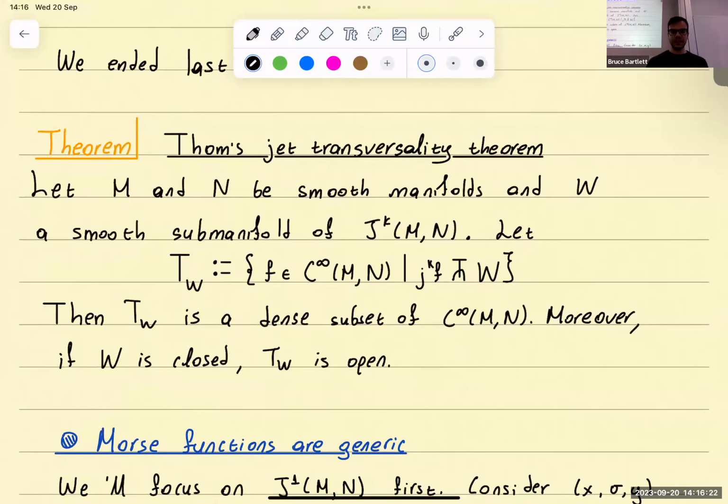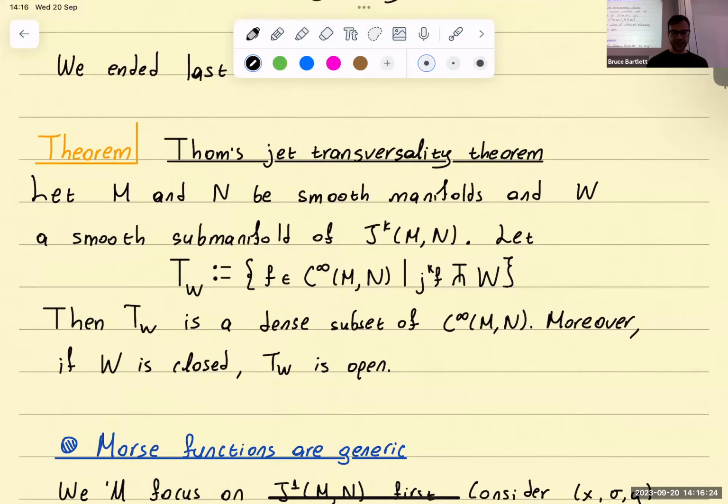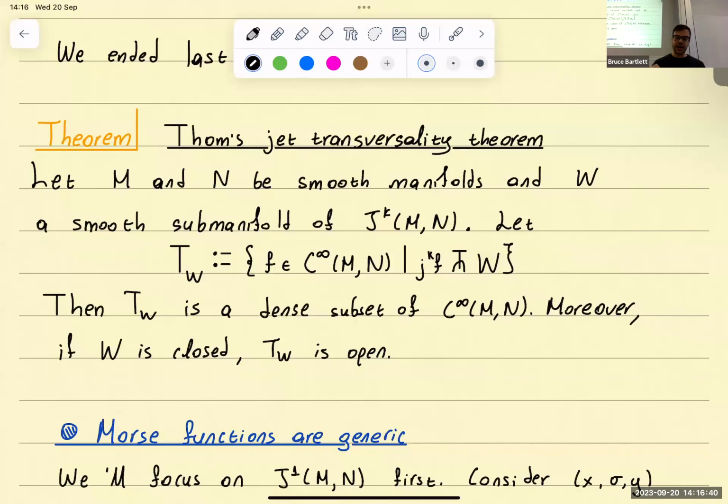Is that relatively clear? I think today we're basically going to spend most of the time on applications of this and carrying it out with examples, because that's the only way I can sort of understand what's going on. We're also going to provide a variant of this, called the multi-jet transversality theorem, in a bit.